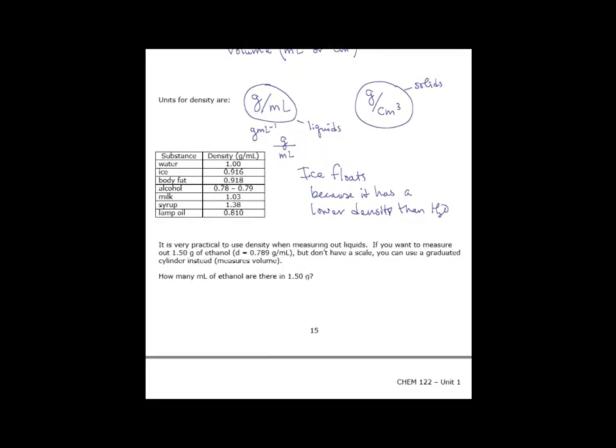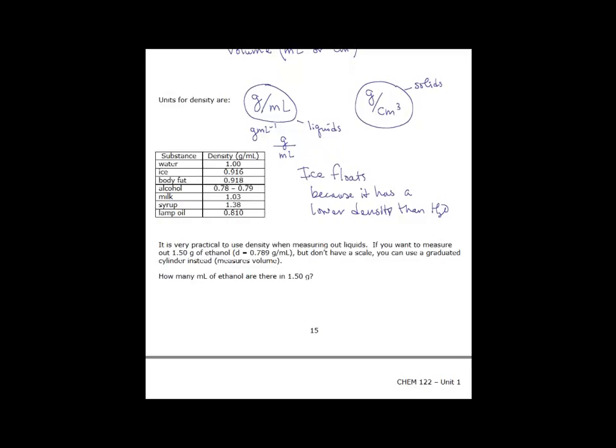Now, when we're in lab and you're measuring out liquids, for instance, it's very useful to use density. So let's say you wanted to measure out 1.5 grams of ethanol, but ethanol is a liquid. So you don't have a scale, so you can't use a scale, but you could use a graduated cylinder.